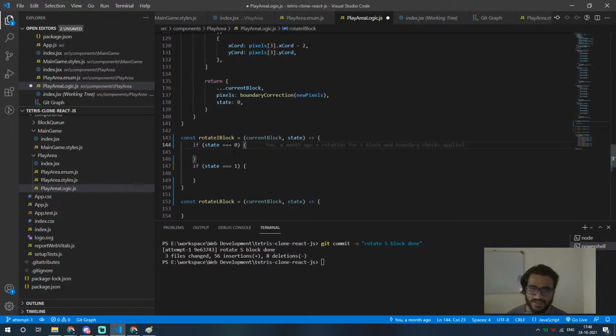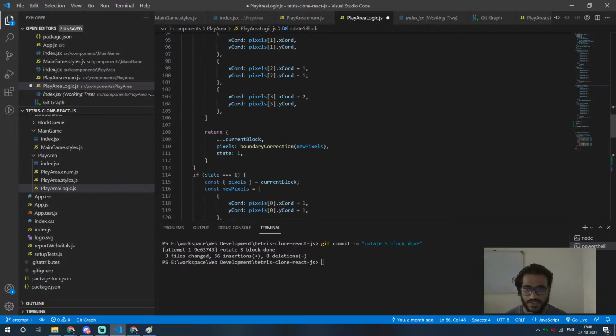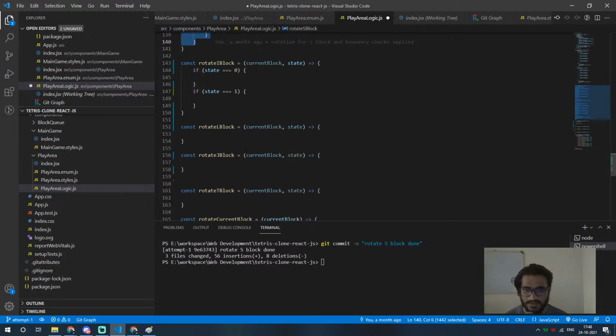So I block has 2 states, 0 and 1. Let me just copy this.